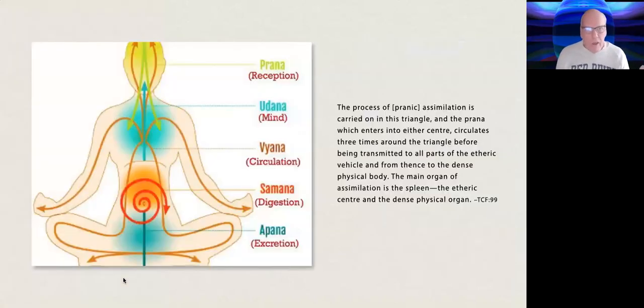DK says the process of assimilation is carried on in this triangle, and the prana which enters into either center circulates 3 times around the triangle before being transmitted to all parts of the etheric vehicle and from thence to the dense physical body. The main organ of assimilation is the spleen, the etheric center, and the dense physical organ.